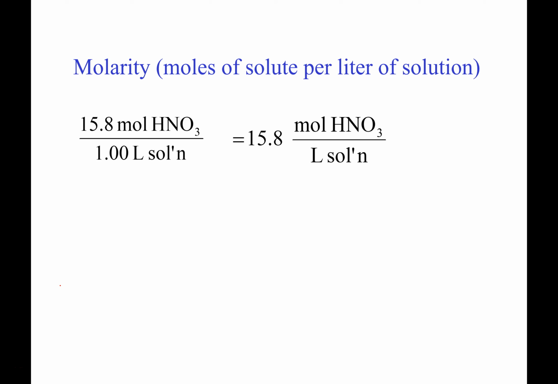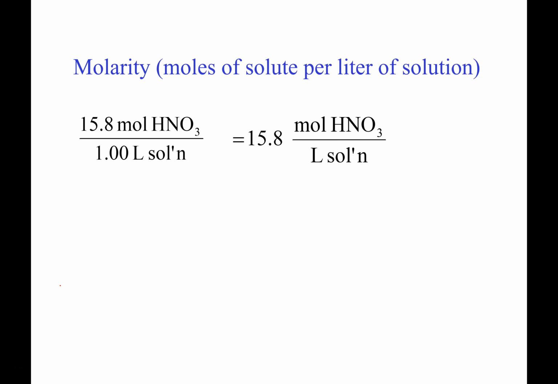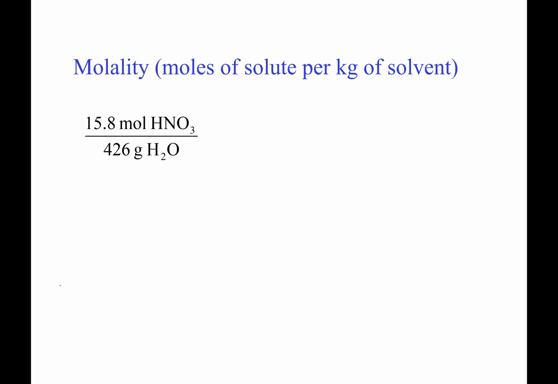Let's do another one. Molality, shall we? All right, molality would be that 15.8 moles of HNO3 again, divided by, we're on our way to get per kilogram of solvent. Well, we know we have 426 grams of H2O, that's our solvent.